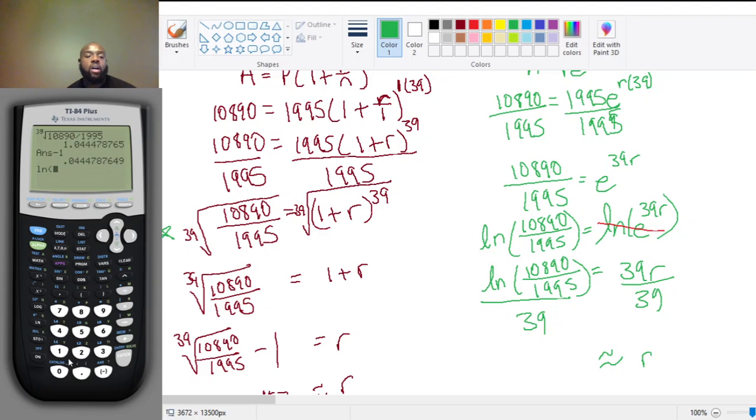And so natural log of 10,890 divided by 1995, that's the input of our logarithm. We divide that by 39, and we get 0.0435. I'm just going to take a picture of this.